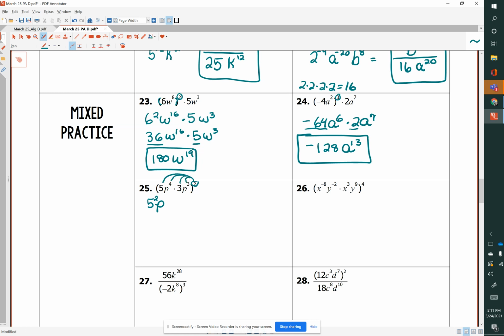Everything, if it has an exponent, an invisible 1, it's multiplied by the 2. If it has a 4, it's multiplied by the 2. So on the p, 4 times 2 is 8. And then 3 to the second power, and then p, 3 times 2 is 6. So now 5 times 3 is 15.